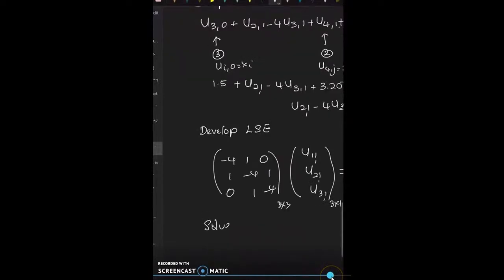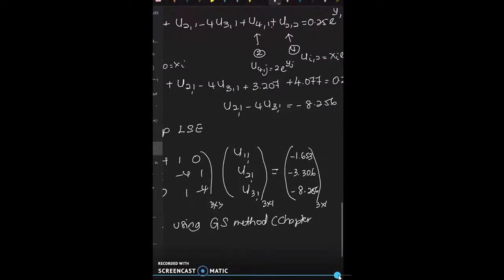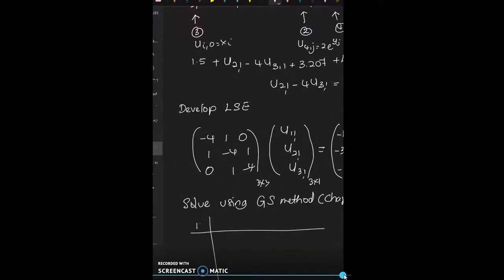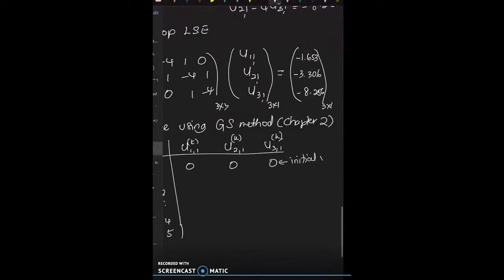However, the parameter now is in 2D: x equal to 0.5, x equal to 1, x equal to 1.5, and then j is equal to 0.5. You can solve this problem using Gauss-Seidel, or using the Thomas algorithm in page 53 if you want to solve with a direct method.